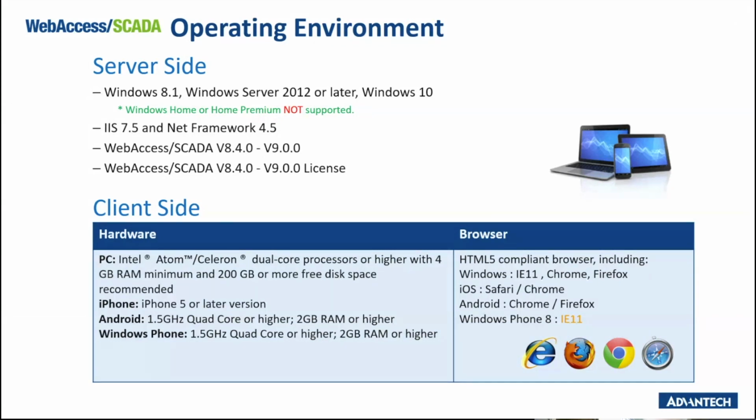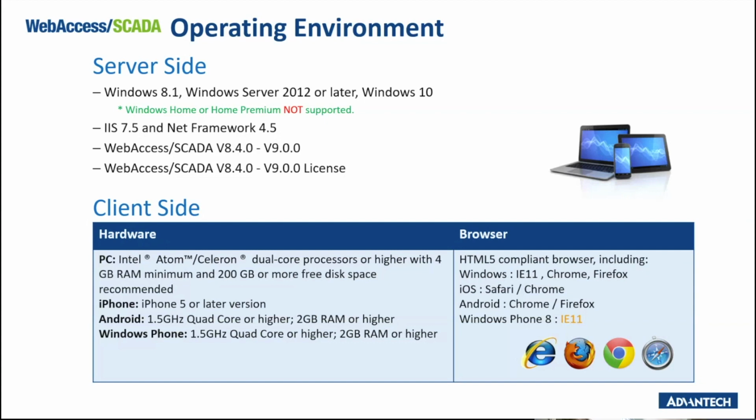And you will need IIS 7.5 and .NET Framework 4.5, which normally you do not have to worry about because we include this package installer in the WebAccess installation file. So normally when you download and install it, it will also install all these services within your Windows platform.